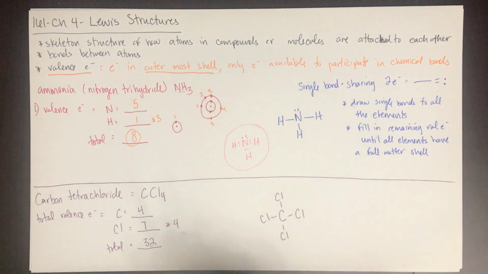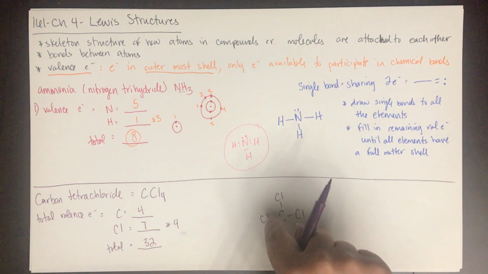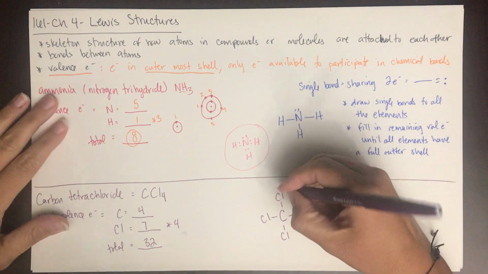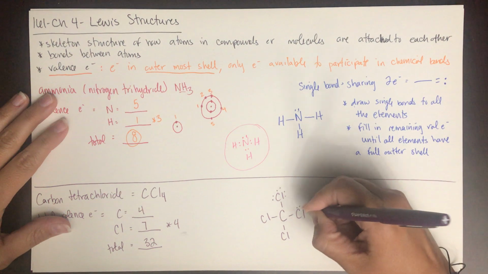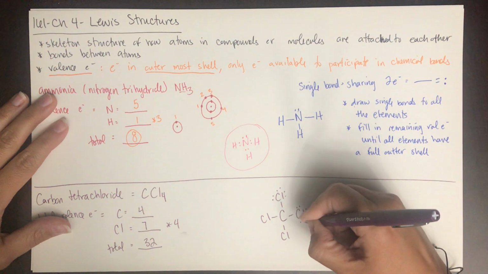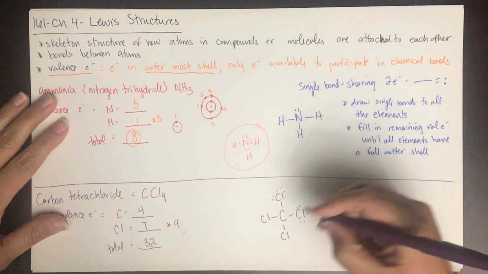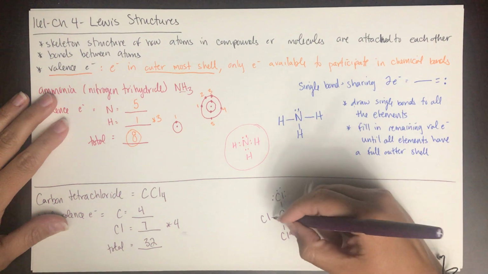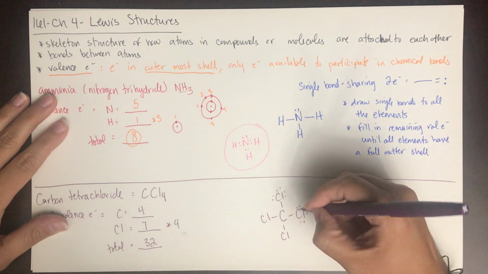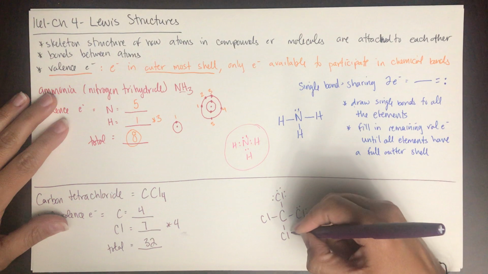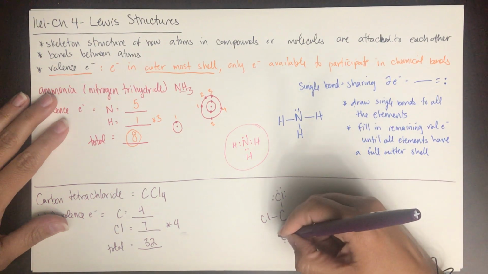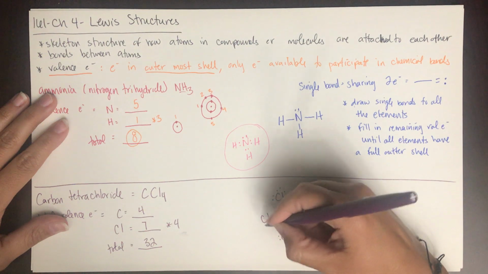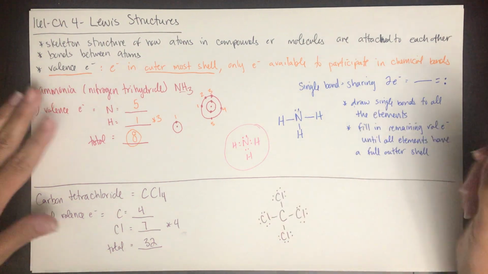So let's count the electrons. I have 32. I've used 2, 4, 6, 8, 10, 12, 14, 16, 18, 20, 22, 24, 26, 28, 30, 32.